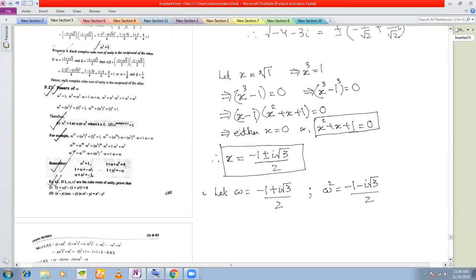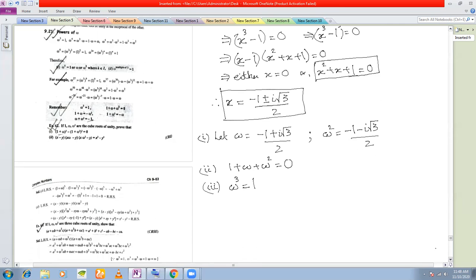The next property is that 1 plus omega plus omega square must always be equal to 0. Always, you can check. The third property is that if you cube omega, you will get omega cube is equal to 1.